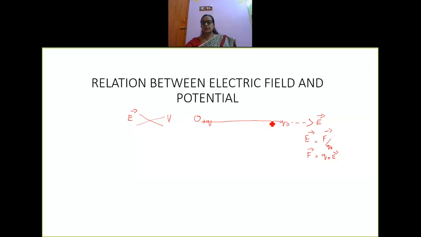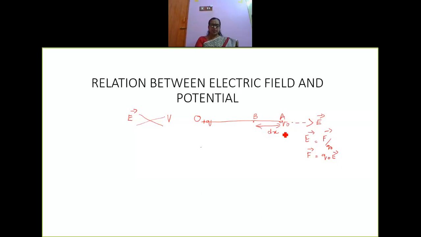One is point A, which is the position of Q naught. I am going to move this Q naught to position B, which is kept at a very small distance, dx.